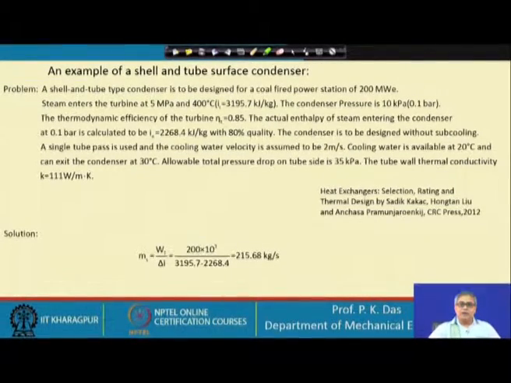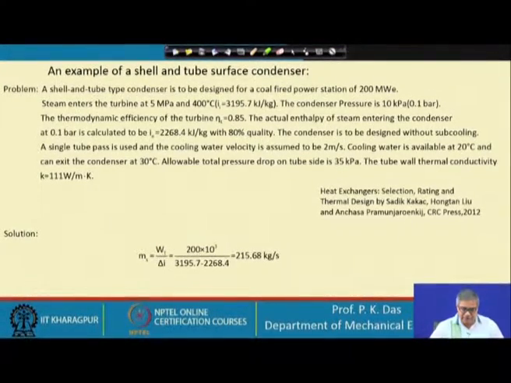With our knowledge of condensation over a single tube and condensation over a tube bank, now we move to a condenser where the problem is more rigorous and more involved.